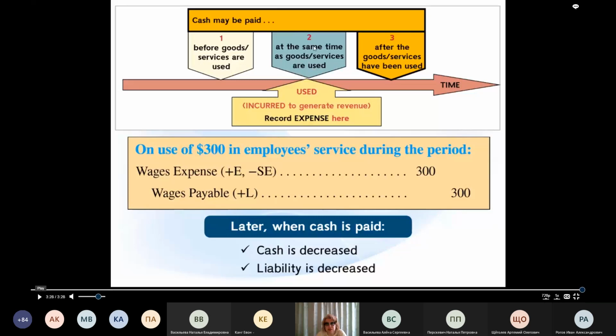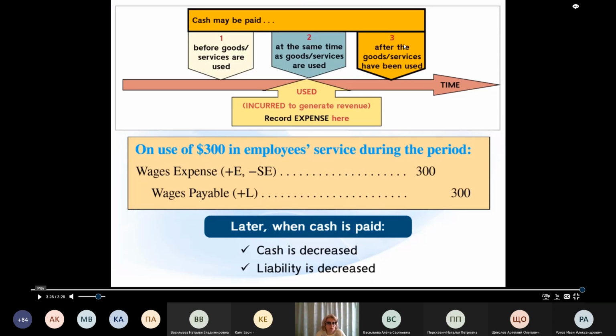If the cash payment is at the same time as goods and services are used, then we simply recognize an increase in expenses in correspondence with the cash outflow.